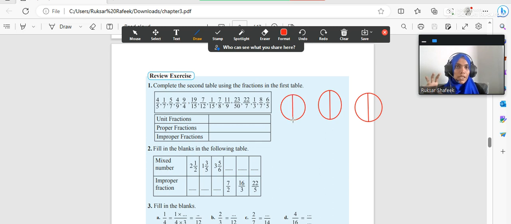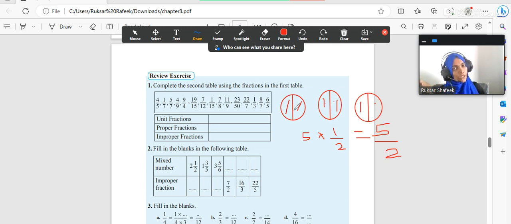How many halves do I have in total? 1, 2, 3, 4, 5 and 6. I have 6 halves there, but I ate 5 halves, so 5 out of the denominator 2, which is 5 halves. So as an improper fraction, you can say 5 over 2. But that's the conceptual understanding using the diagrams.